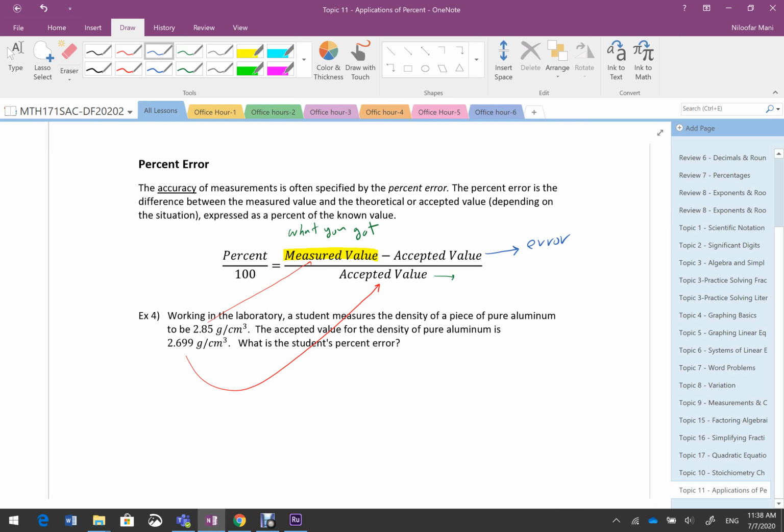Many times we don't have the true value, but many times yes, so you can find out. Okay, so the accuracy of a measurement is sometimes specified by percent error. So the percent error is the difference between what you got minus the accepted value, depending on the situation.